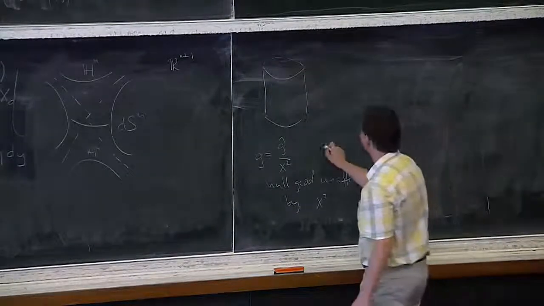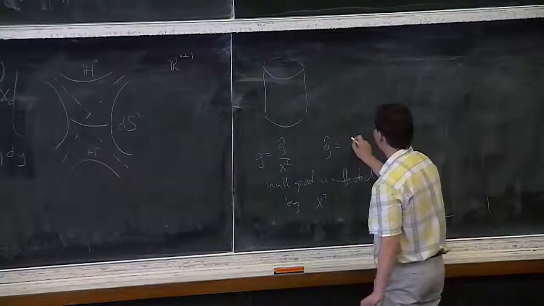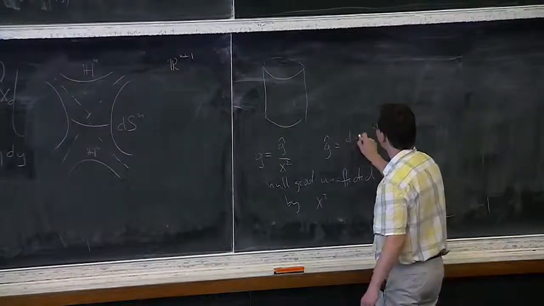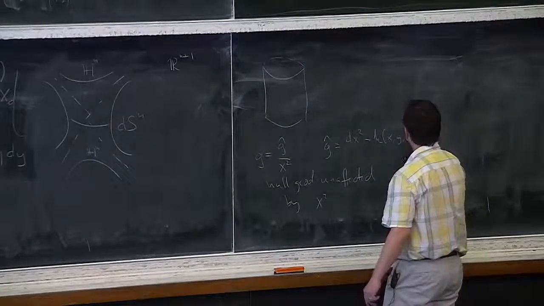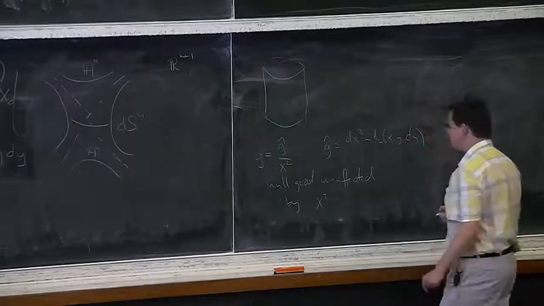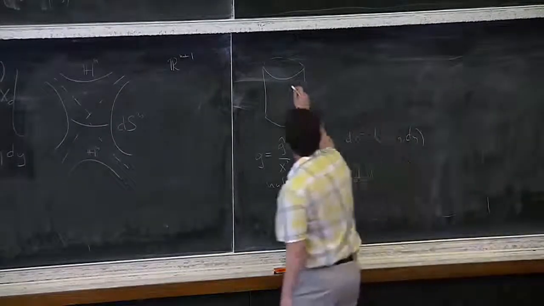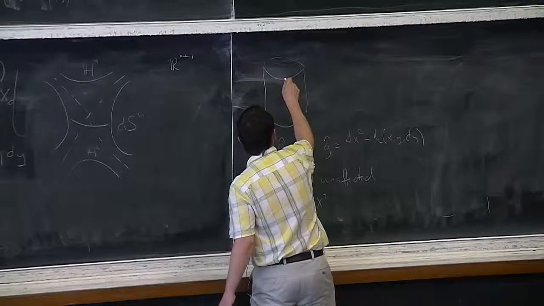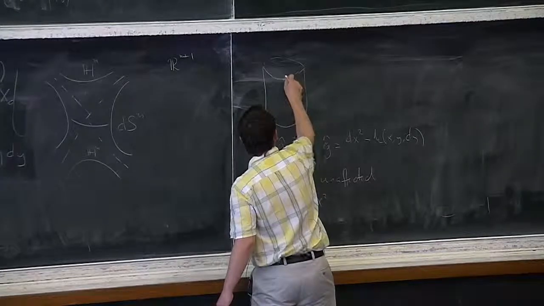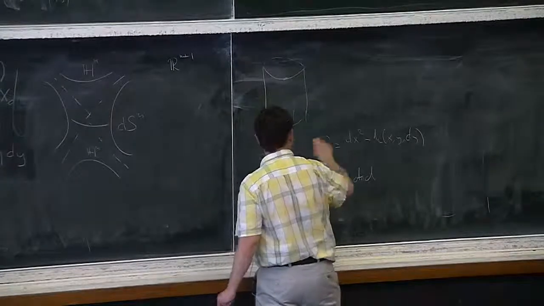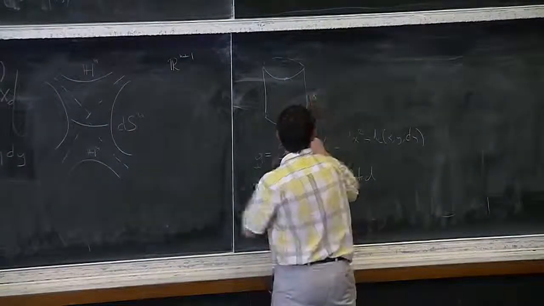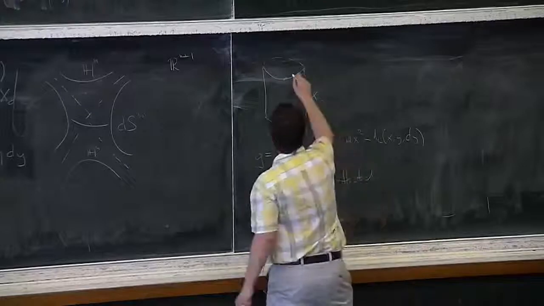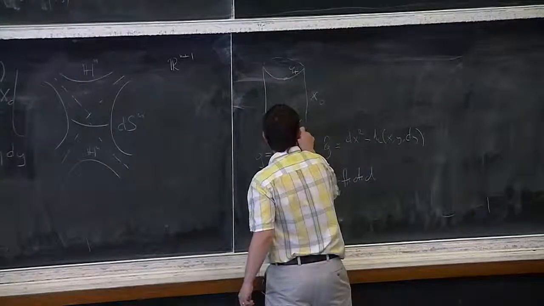And so you might as well think that g hat looks something like, at least near x equals 0, dx squared minus h(x,y) dy. And this x is really not doing very much. And so the backward light cones look something like this. So if you pick your favorite point at the boundary, so this is my x0. In this case, the boundary has components. So let's call this y plus and this y minus.